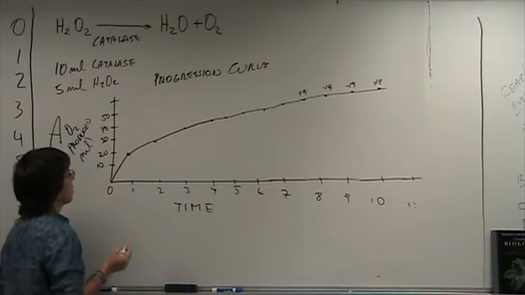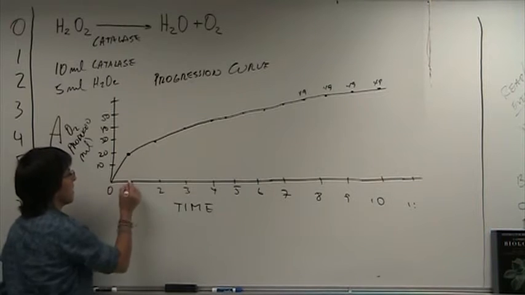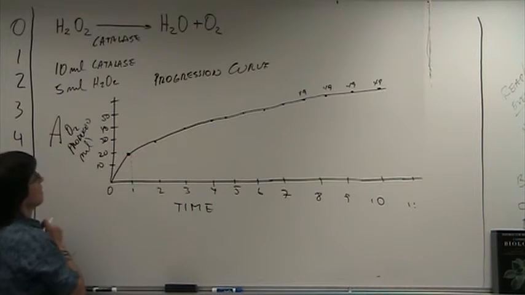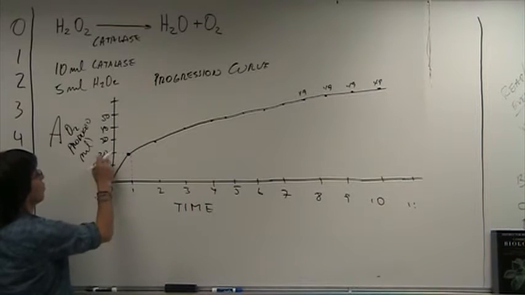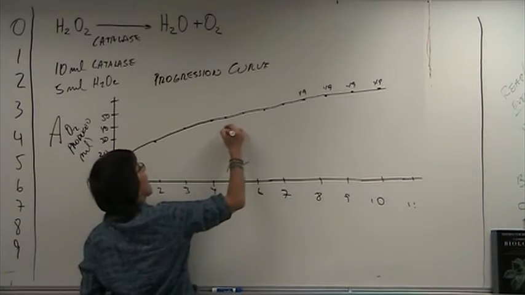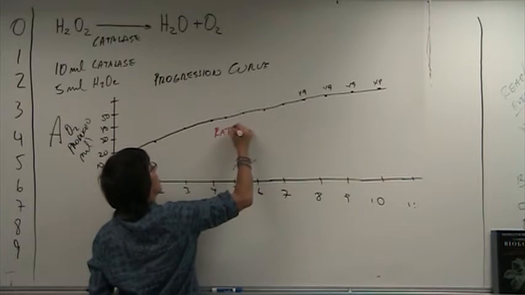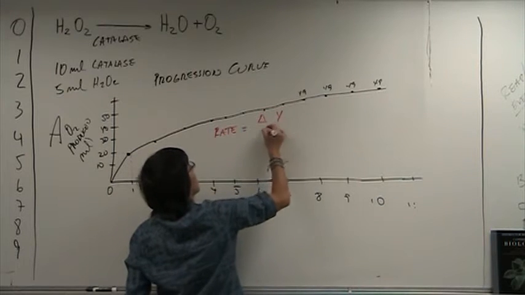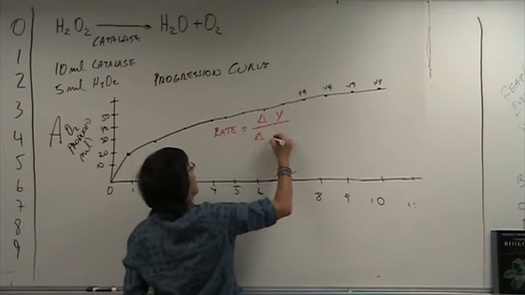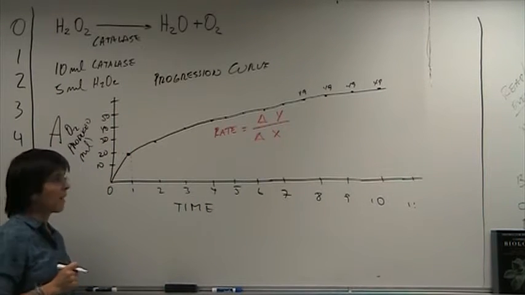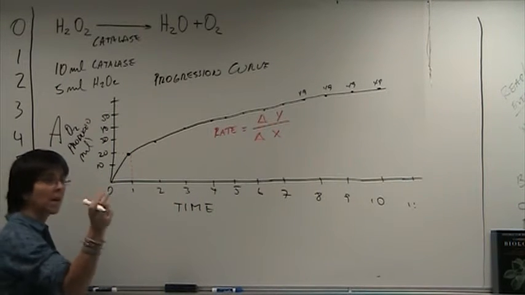For example, if we want to calculate the reaction rate at minute 1 here, and we're going to keep the numbers simple, we're going to assume that it's 20 mLs at 1 minute. So reaction rate, or the rate of reaction, is always delta Y over delta X, the change in Y divided by the change in X for that interval.